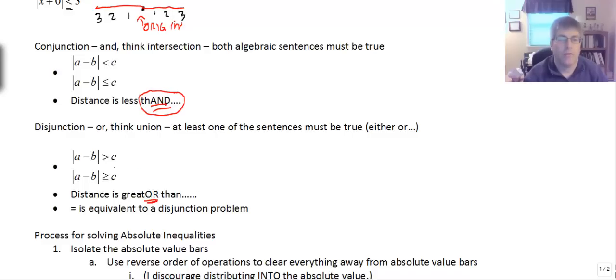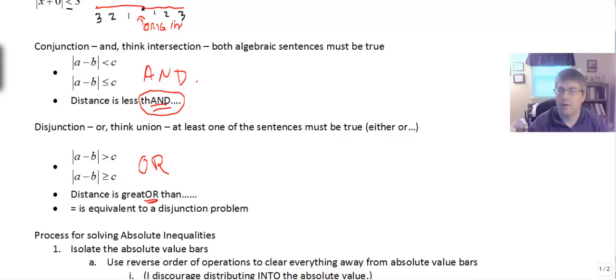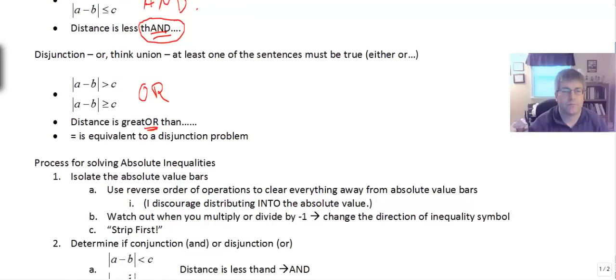So if the distance is greater than, it's an or problem. If distance is less than, it's an and problem. And equals to, we saw equals at the beginning. Equal is equivalent to a disjunction, so equals is also or. And it'll be good for you to have that in your notes.